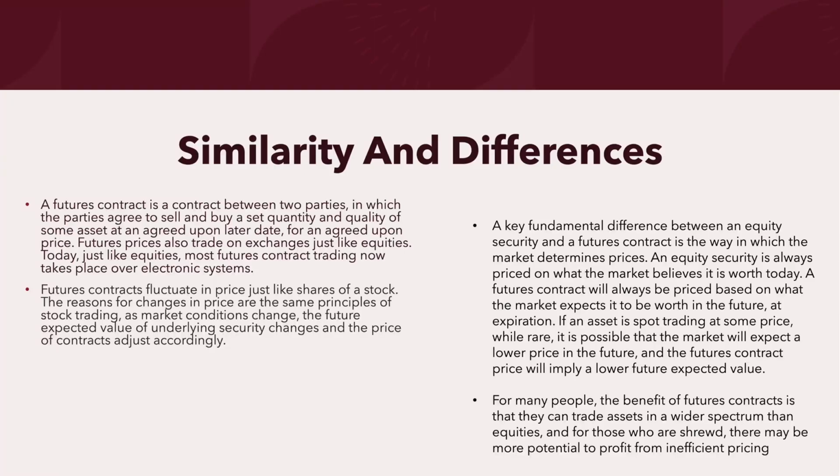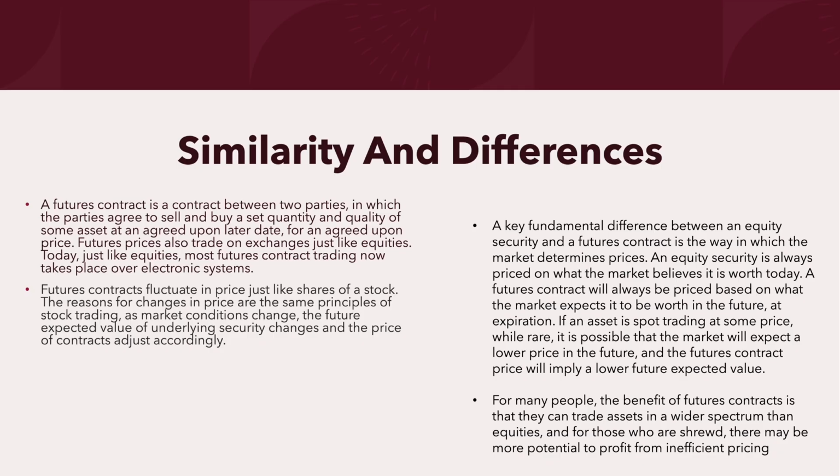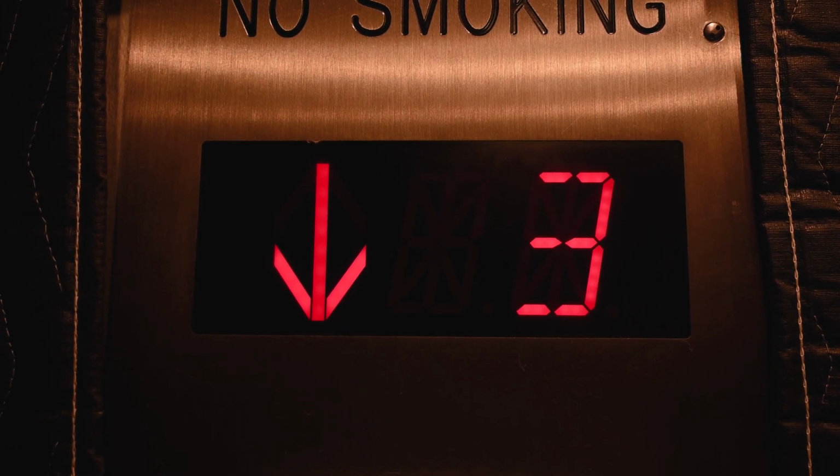An equity security is always priced on what the market believes it is worth today. A futures contract will always be priced based on what the market expects it to be worth in the future at expiration. If an asset is spot trading at some price, while rare, it is possible that the market will expect a lower price in the future, and the futures contract price will imply a lower future expected value.